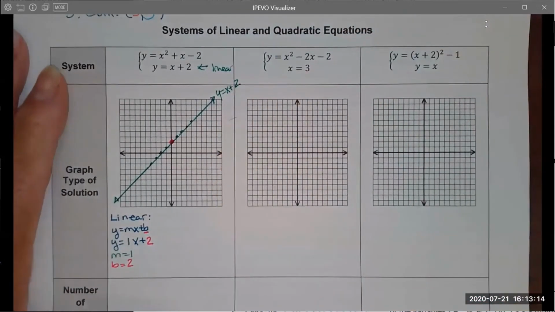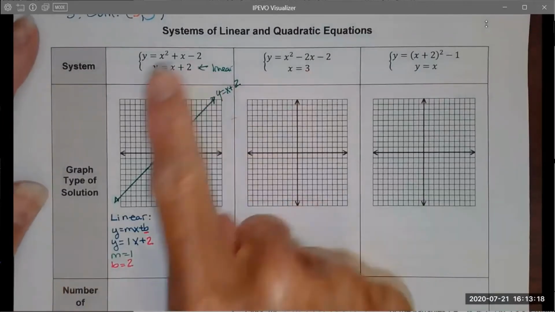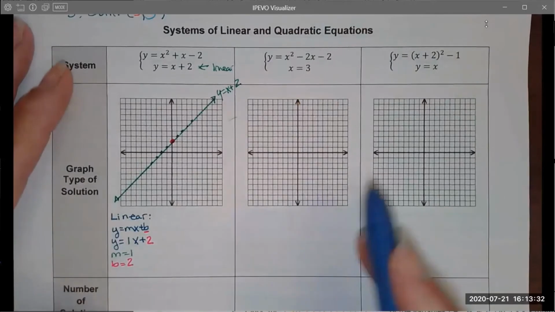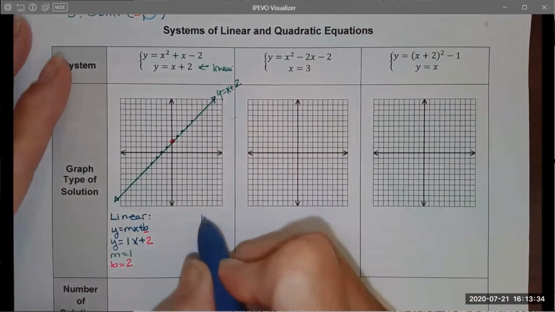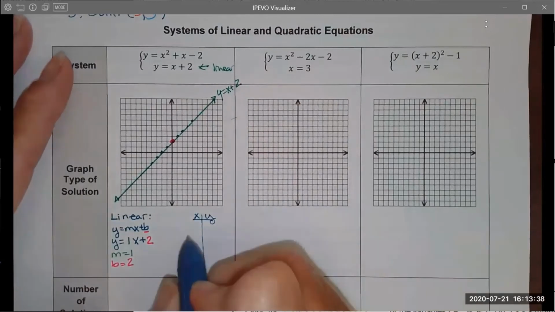Now I need to graph my quadratic equation so that I can see where, if, and where these lines, these functions, intersect. The first one's not a line. To find some points and to graph my quadratic, I am going to make a table. Let the calculator make it for you if you feel you need to.